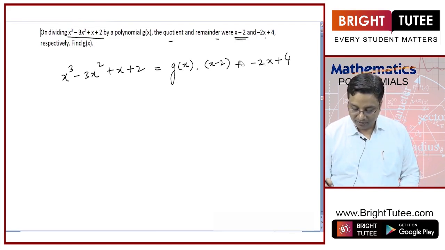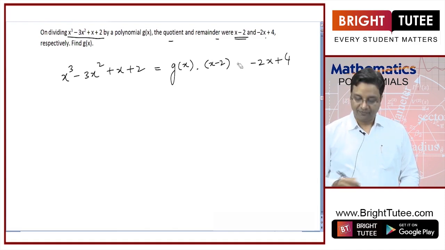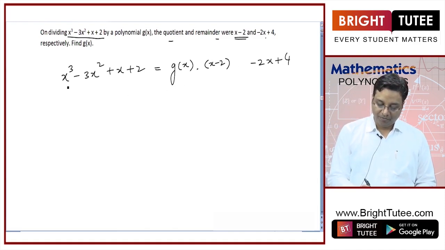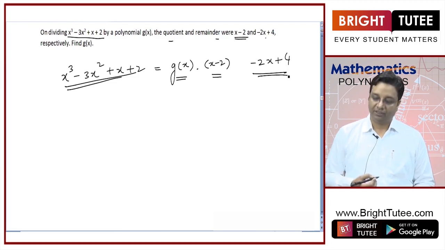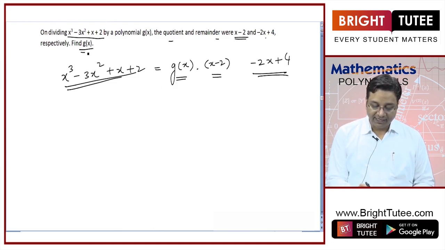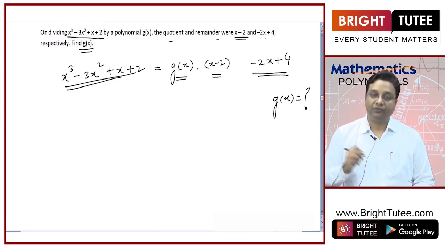So what I have done is px equal to gx into qx, that is quotient, plus remainder. So remainder is minus 2x plus 4. Now I am here to find gx, right? So gx is what we need to find out.